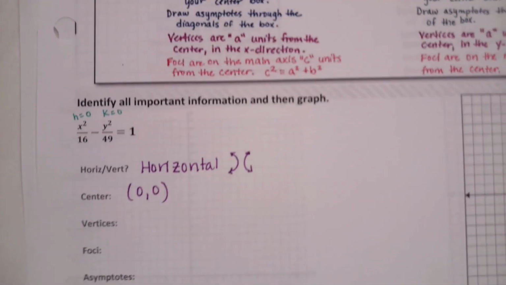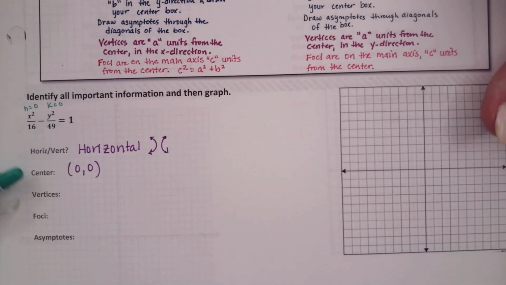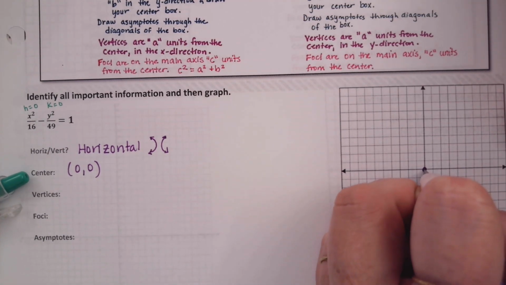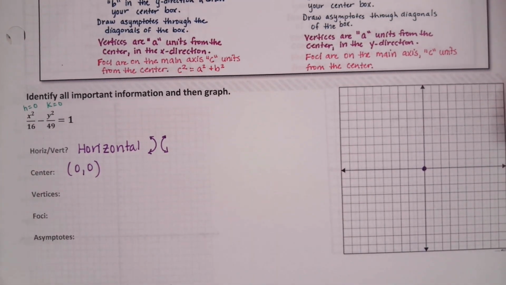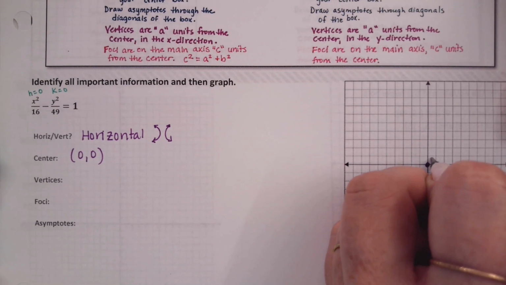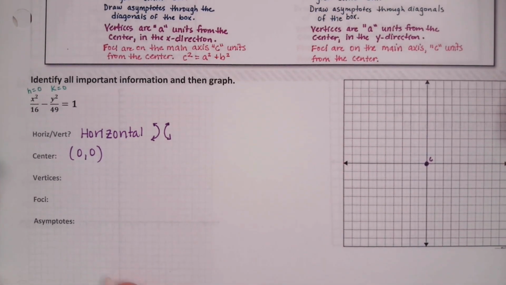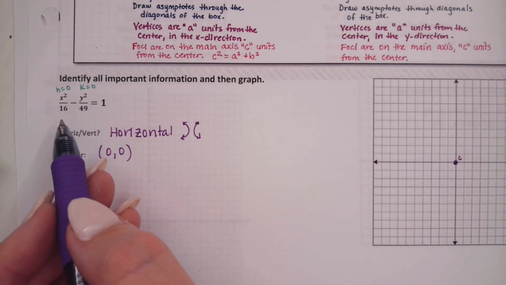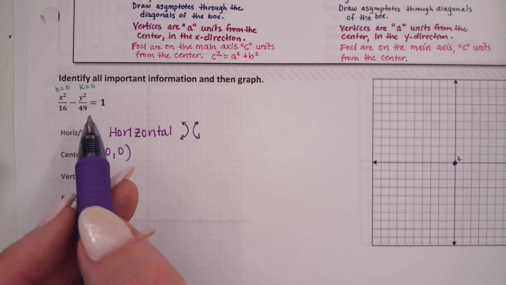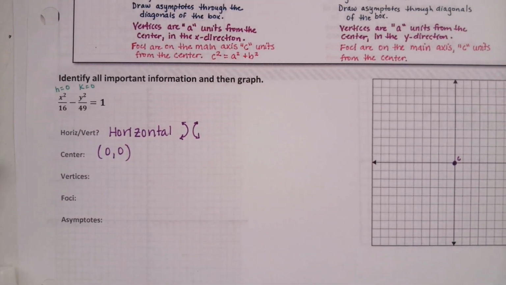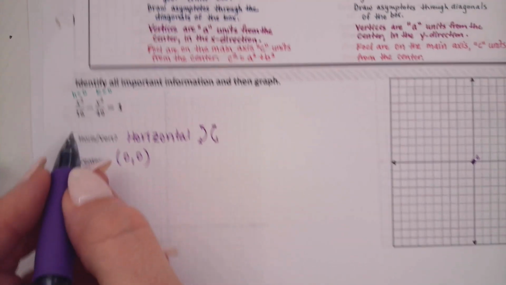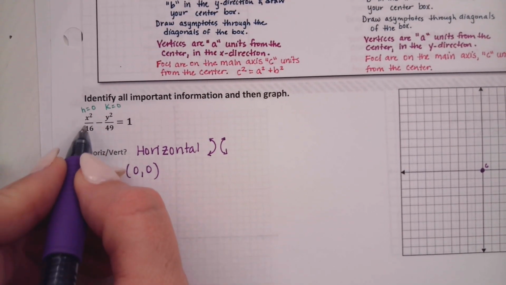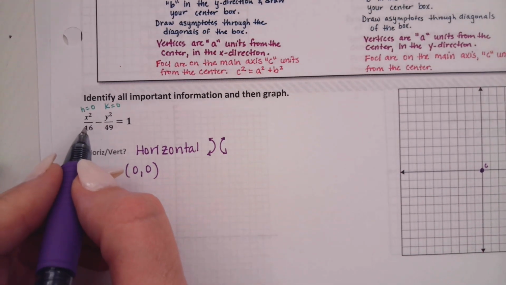Okay, I'm going to go over to my graph and graph that center at 0, 0. We're going to use the denominators in a similar way that we did them for our ellipses. We're still using their square roots, we're still counting in different directions, but it doesn't help us just draw the shape. Starting with the denominator under the x term, it's a 16, so I'm going to use its square root, which is 4.